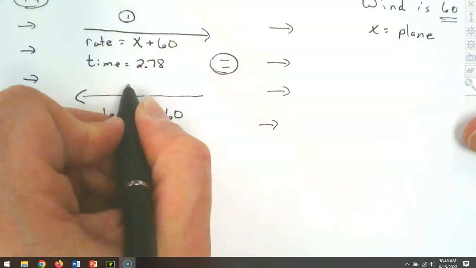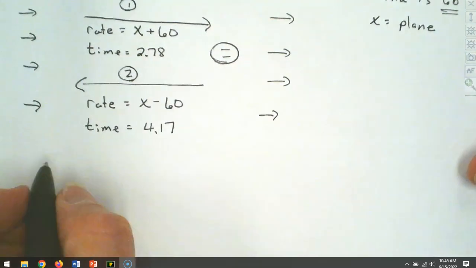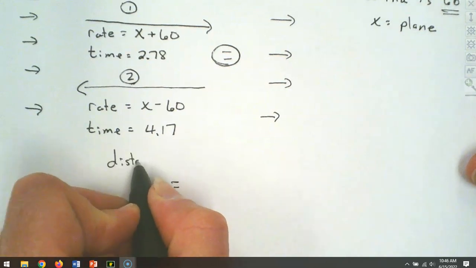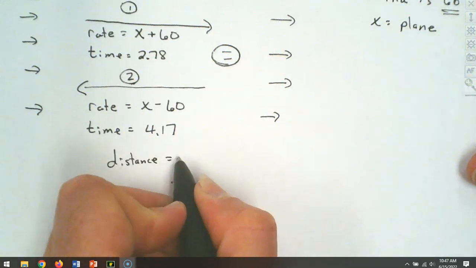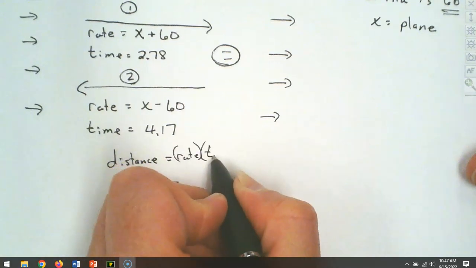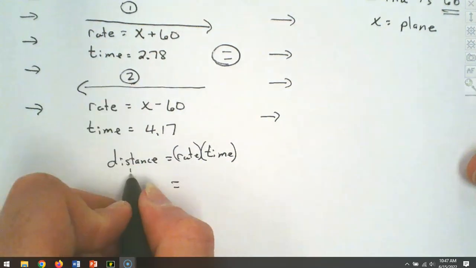We'll just call this one 1 and this one 2. They should equal each other. And the distance equals the rate times the time.